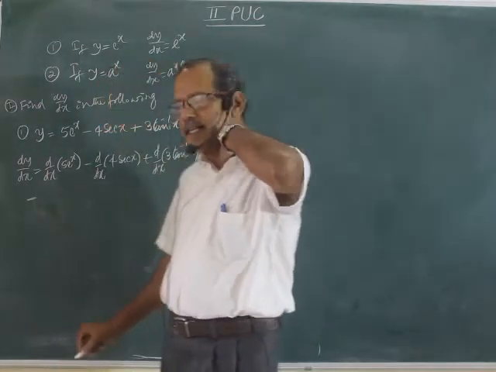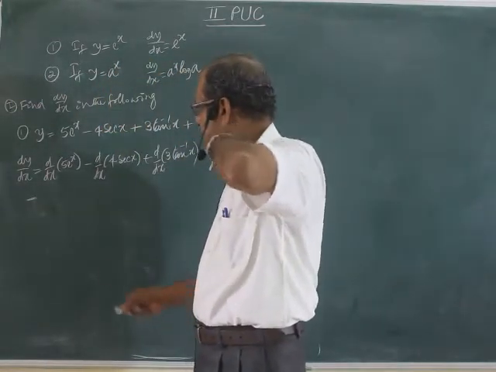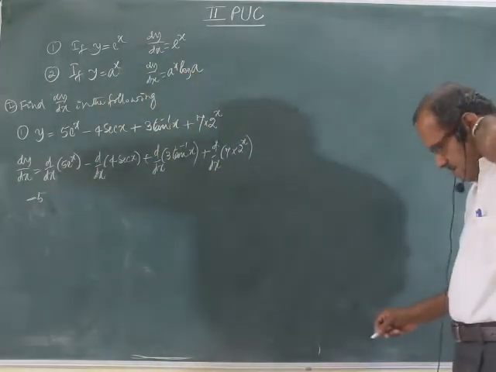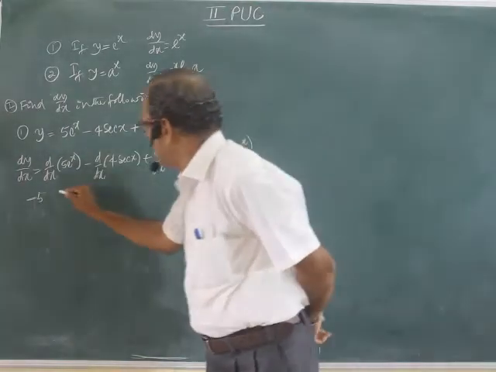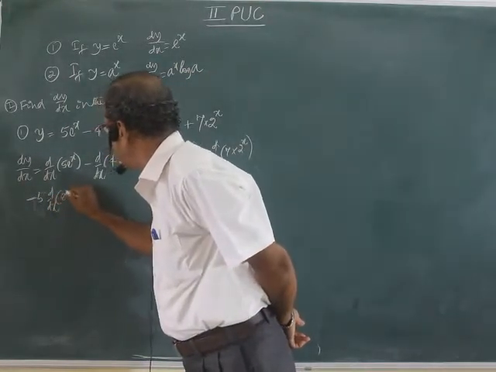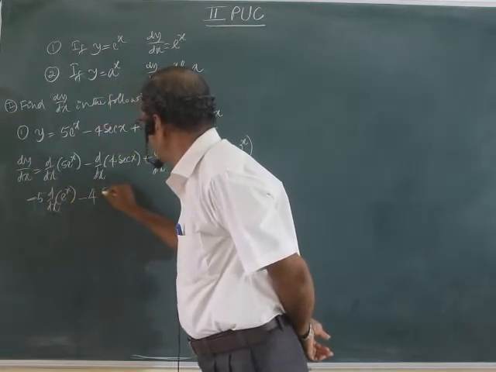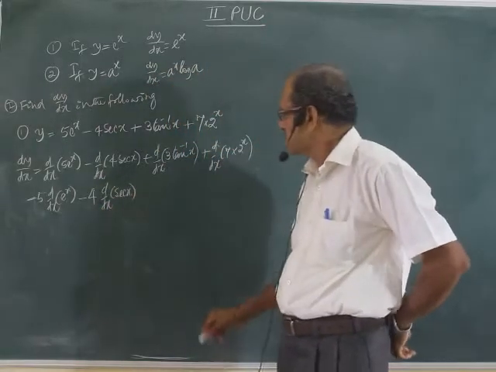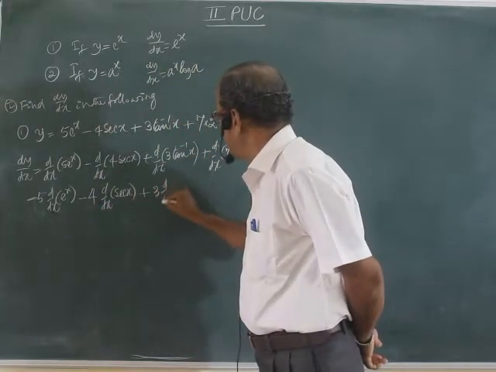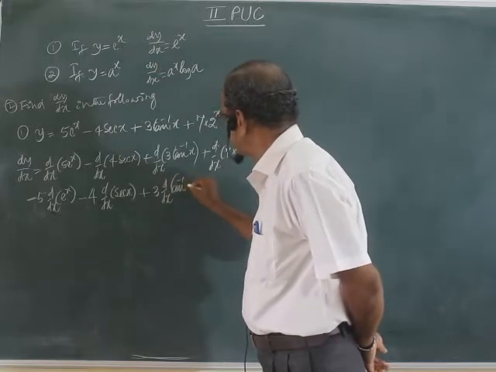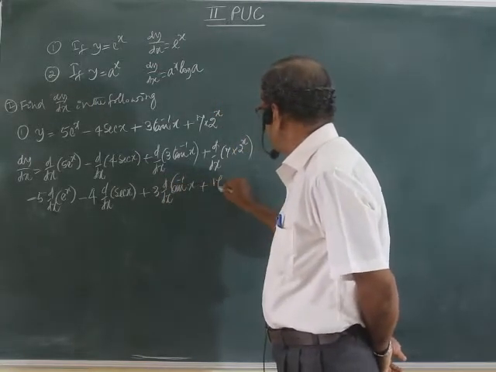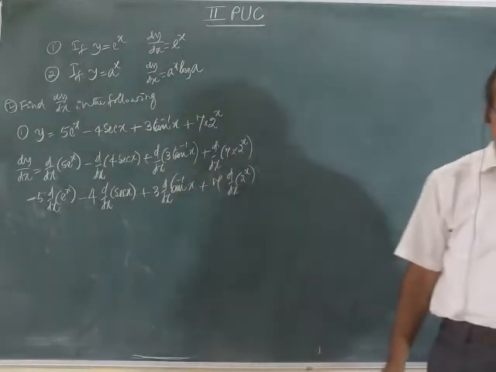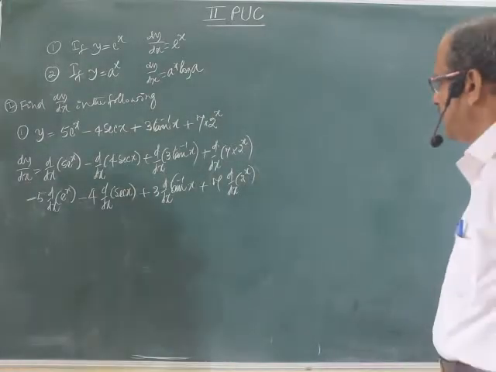Next step, write the constant outside: 5 into d by dx of e to the power x, 4 into d by dx of secant x, 3 into d by dx of tan inverse x, 7 into d by dx of 2 to the power x. If you write all the steps, you have to write like this.